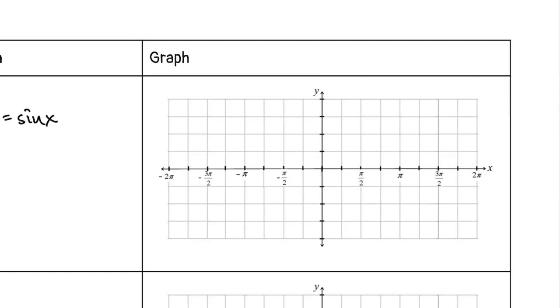Where is that center point for sine of just the parent function? Yes, thank you. It is at 0, okay? I'm asking this because very quickly, in about 5 to 7 minutes, the center point is going to be different for a different function, okay?